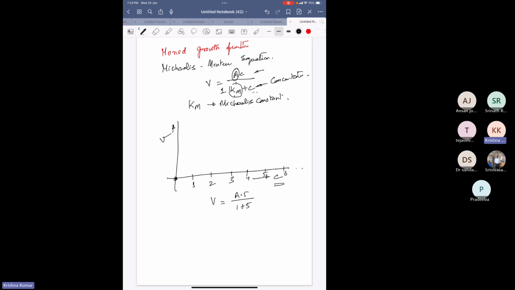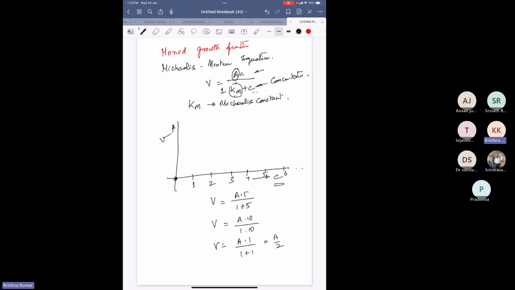When C is equal to 10, A into 10 divided by 1 plus 10, and so on. You notice one thing. Initially, first step, V is equal to A into 1 divided by 1 plus 1. That is A by 2.